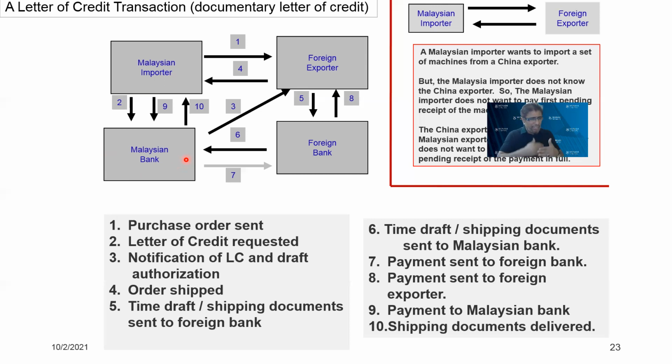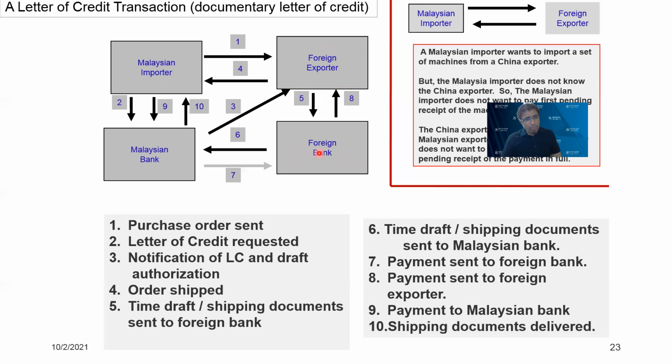So this is the process. Fine, this is what we call an LC. But how is this related to on-balance sheet and off-balance sheet? I will tell you. After you open the LC, you are committed now to pay. It's a guarantee. Now, when the foreign exporter finishes manufacturing the goods, he will ship them, take the bill of lading from the ship, go to the foreign bank and receive payment, assuming that the Malaysian bank will pay.